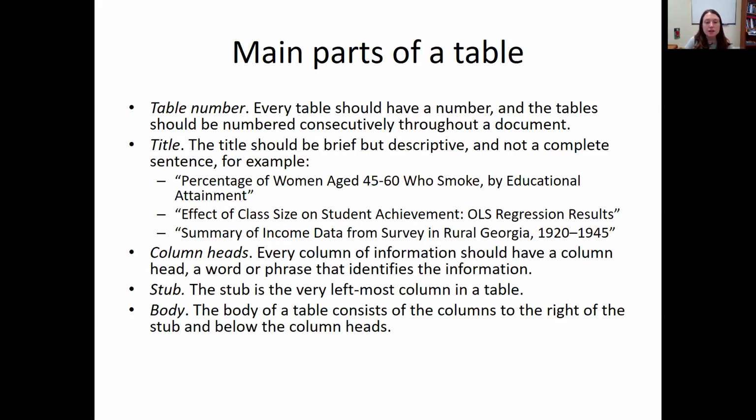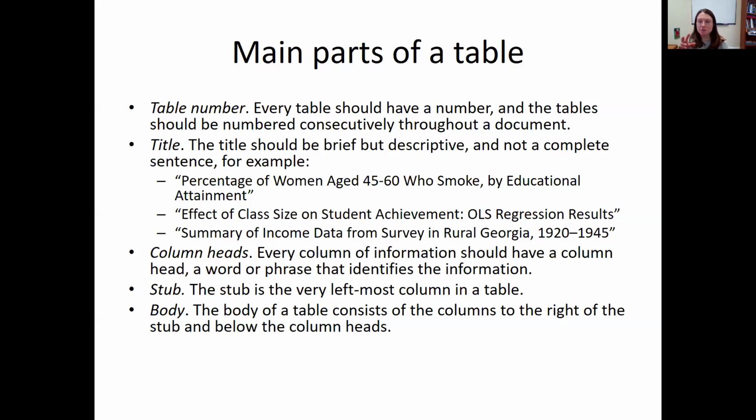Okay. Tables also have column heads. So every column of information has a word or phrase at the top that identifies what information is going in that column. Now, I know sometimes you do need to abbreviate things, but you want to try to do as good of a job as you can of making it readable.